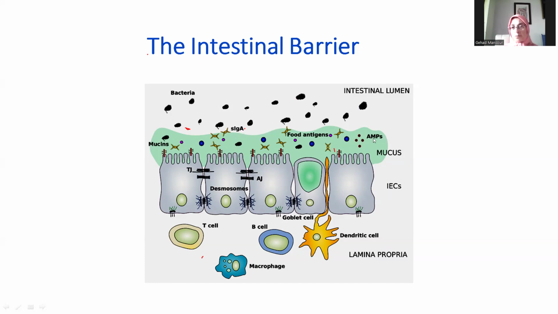The antimicrobial peptides and the surface immunoglobulin A are protein molecules that are embedded in the mucus layer, and they act to control what passes, because they will kill every suspicious pathogenic molecule. The AMPs, as their name indicates, are antimicrobial, meaning that they can kill microbes.